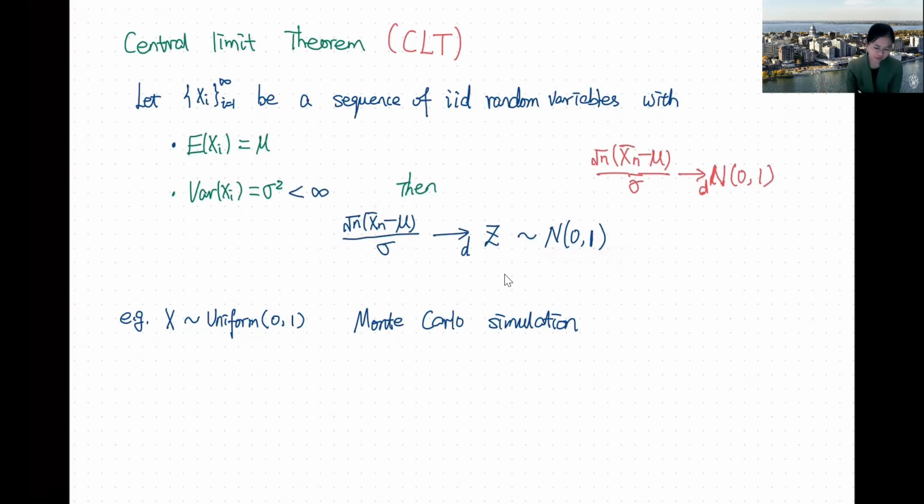That is the essence of the central limit theorem. The sample average of IID random variables from any distribution with a finite variance will behave like a normal random variable as the sample size grows to infinity.